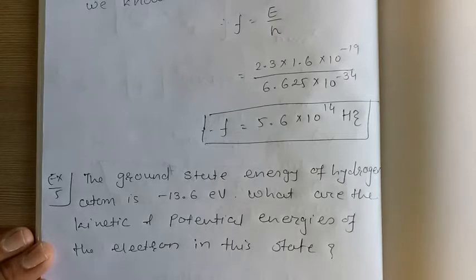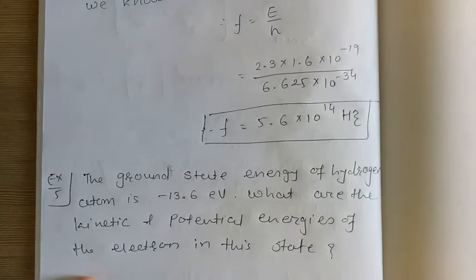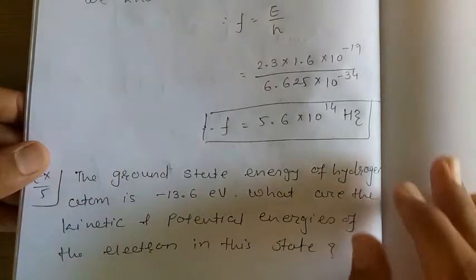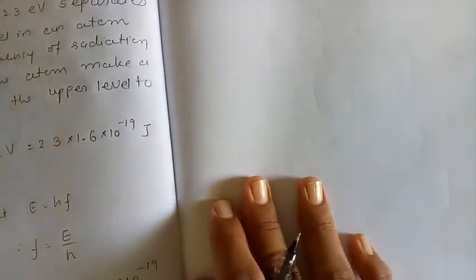Once again I repeat, the kinetic energy K is equal to minus E and potential energy U is equal to minus 2K. So simply we use this formula to find out the value of kinetic energy and potential energy. Here total energy is minus 13.6 eV.